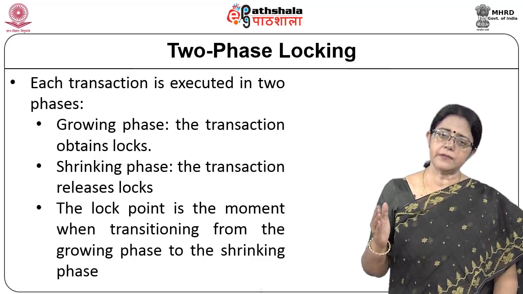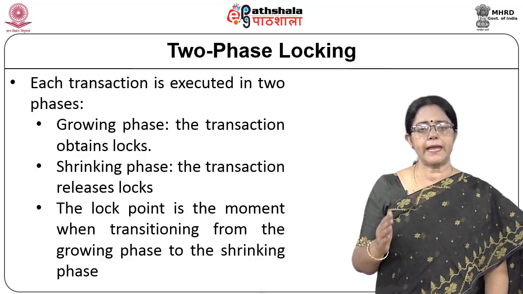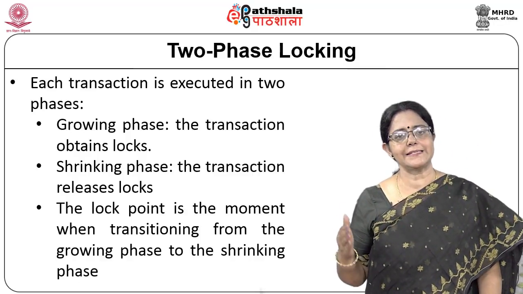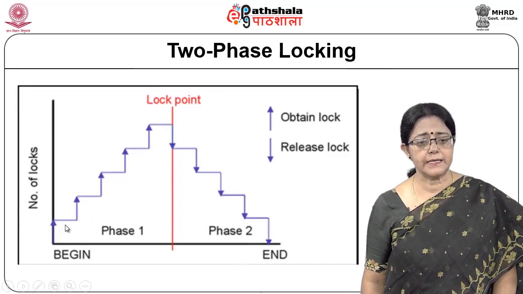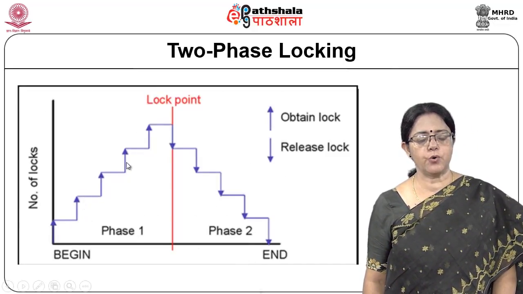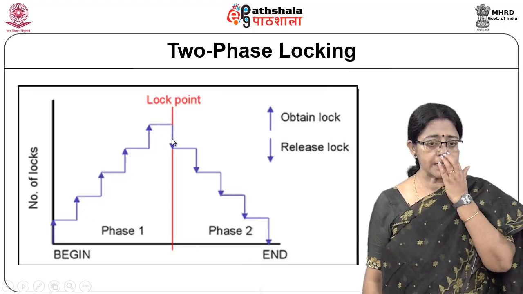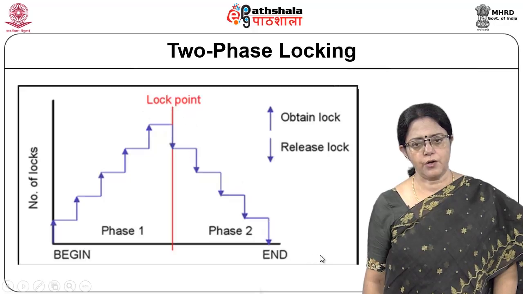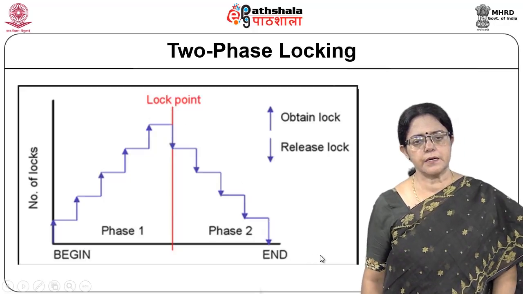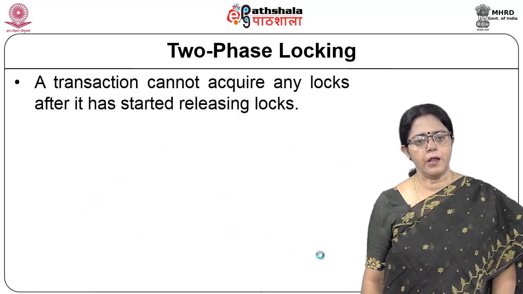And the point where the growing phase stops and the shrinking phase starts is called the lock point. So, this is an example where it is growing, it is acquiring all the locks, and then a lock point comes, and then it has to release all the locks. So, this is the two-phase locking protocol.